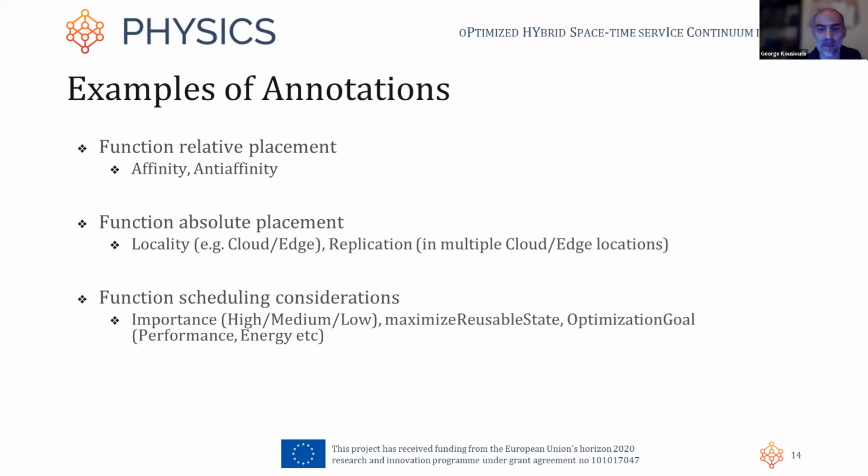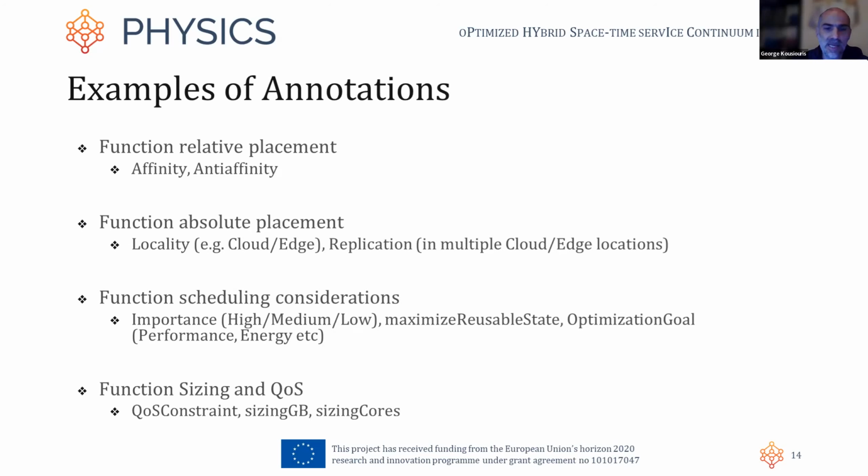If that flow or function is important, meaning that it can get priority on its execution or on the number of warm containers against other functions and so on. And then some other more typical ones like sizing or QoS constraints, the memory of the container you want the function to be executed in, and so on.